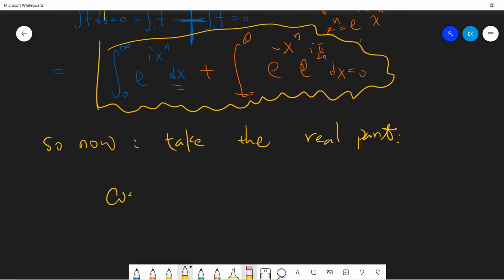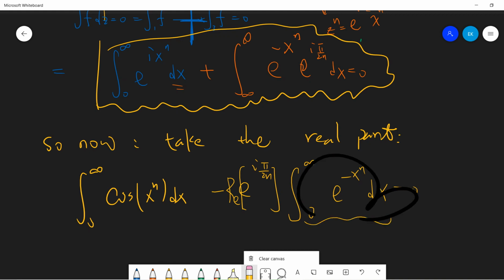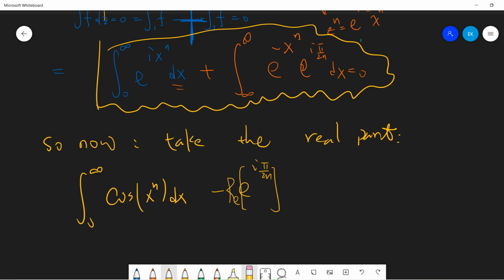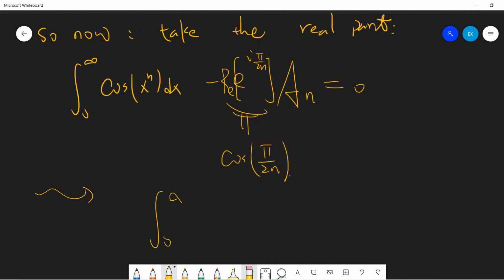This real part will be the integral of cosine x^n dx from 0 to infinity, plus, okay, let's change it to minus, the real part of exponential i pi divided by 2n times the integral from infinity to 0 of exponential minus x^n dx, right? So this guy is a_n, so we don't care, this is a_n. And the real part of exponential i pi divided by 2n will be just cosine pi divided by 2n, right? So clearly we have the integral from 0 to infinity of cosine x^n dx equal to cosine of pi divided by 2n times a_n.